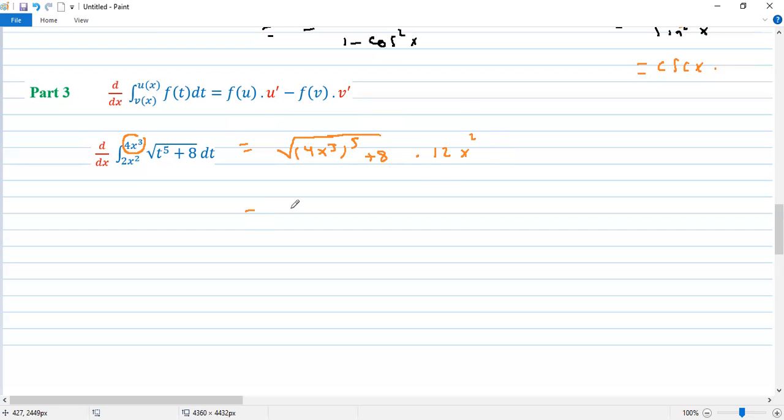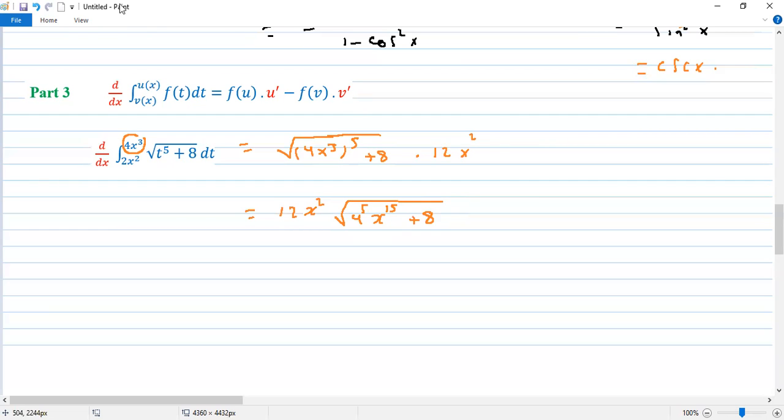And the first one can be written as 12x squared times the square root of 4 to the power 5, x cubed to the power 5 will be x to the power 15. 4 to the power 5, you can get by the calculator, plus 8. This is the first one.